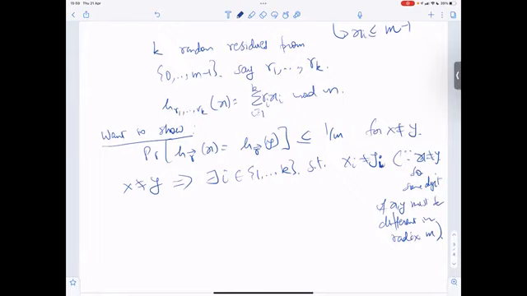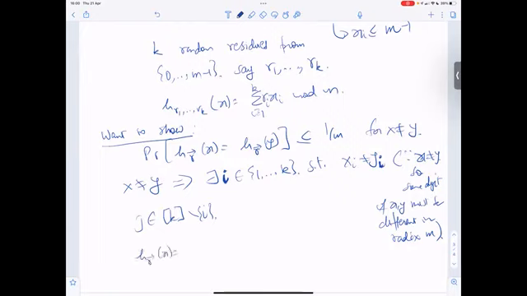So now let's focus on i. While choosing these random bits R, let's suppose we have chosen the random bits Rj for all j belonging to k minus i. Whatever values they get, now what is HR of x?